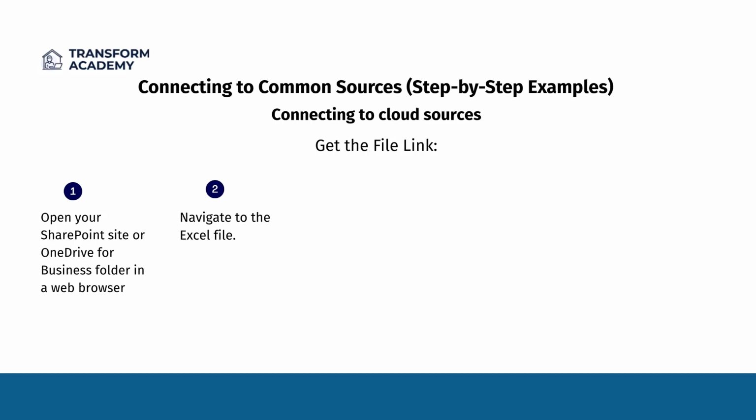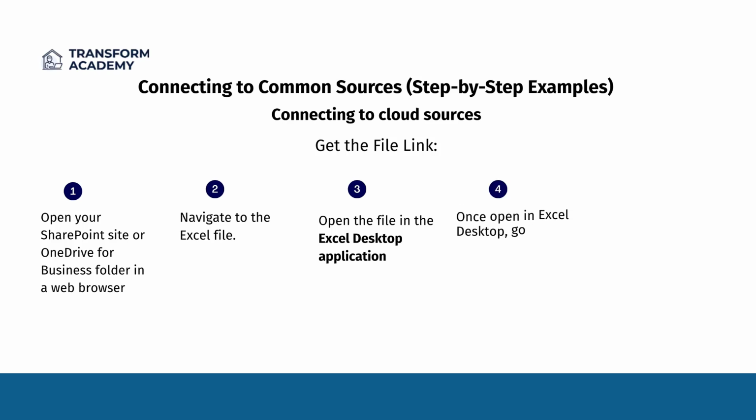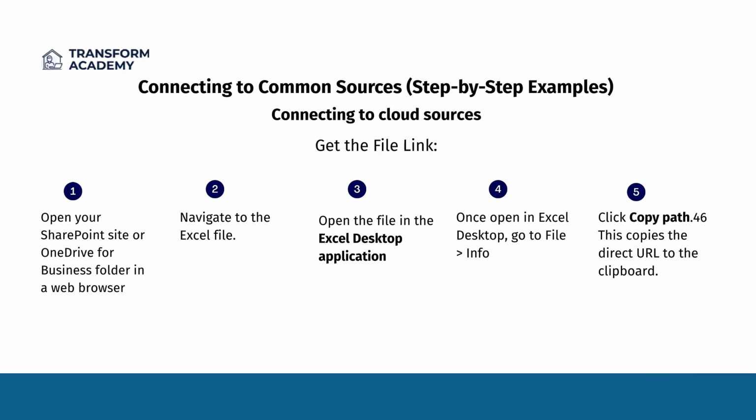Navigate to the Excel file. Open the file in the Excel desktop application, often via an Open in Desktop App or similar option. Once opened in Excel desktop, go to File, then Info. Click Copy Path. This copies the direct URL to the clipboard.